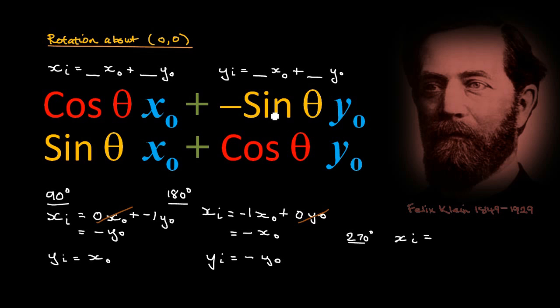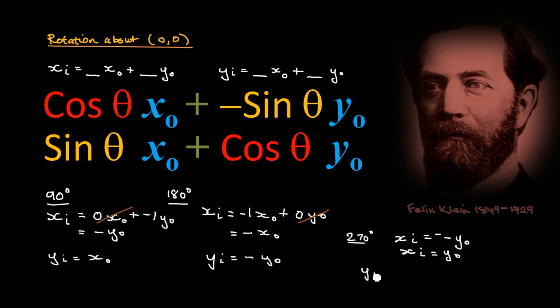Negative sine of 270 degrees. Sine of 270 degrees is minus 1. So we've got minus 1 times the y component. So that gives us x component of the image is minus times a minus, in other words, just the y component of the object, exactly what we found before.